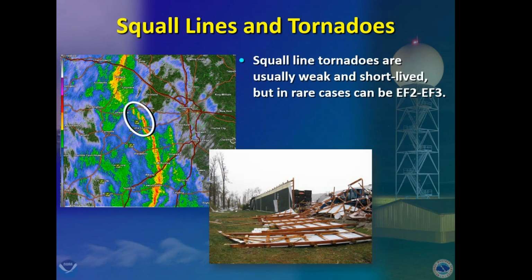So in terms of squall lines, the issue with squall lines and tornadoes is you can get tornadoes from squall lines. We call them QLCS, or quasi-linear convective systems.